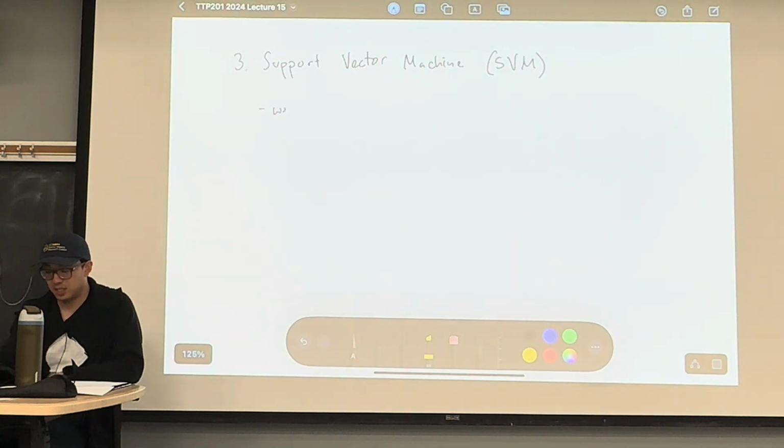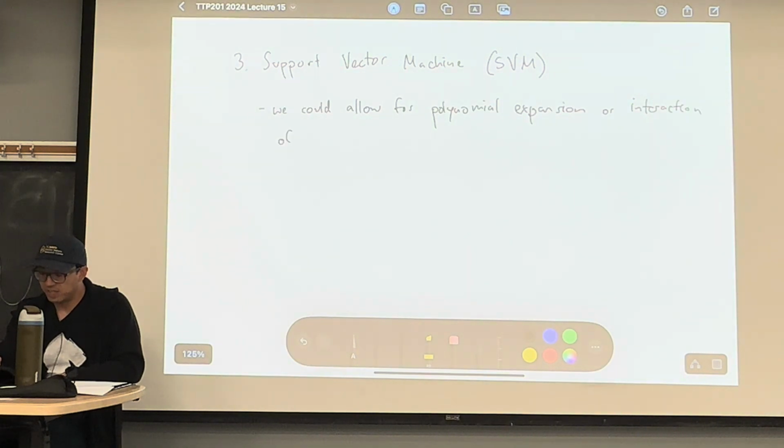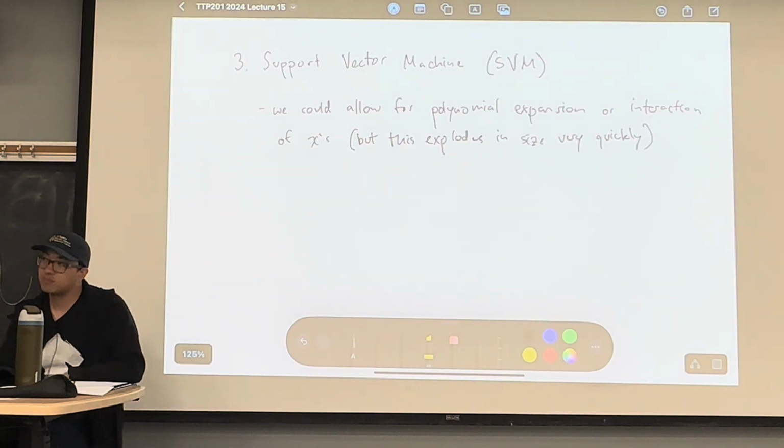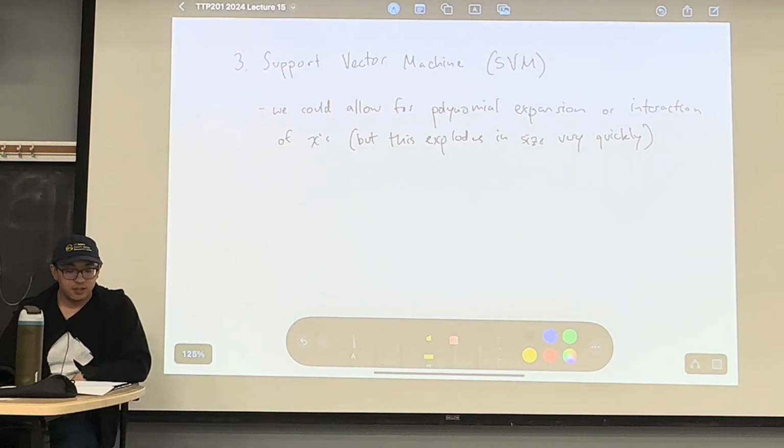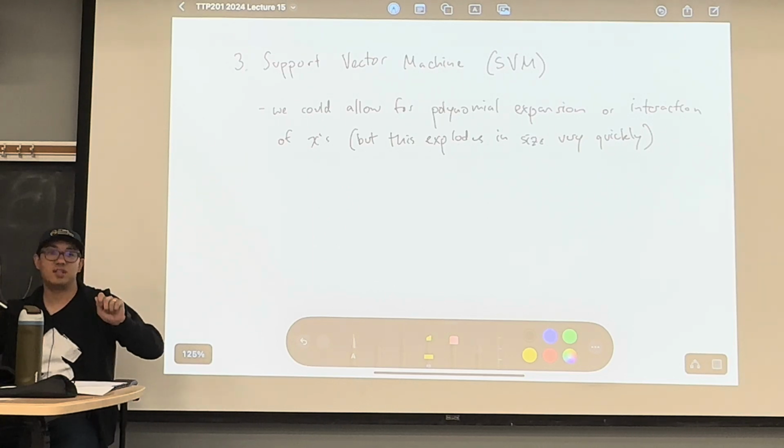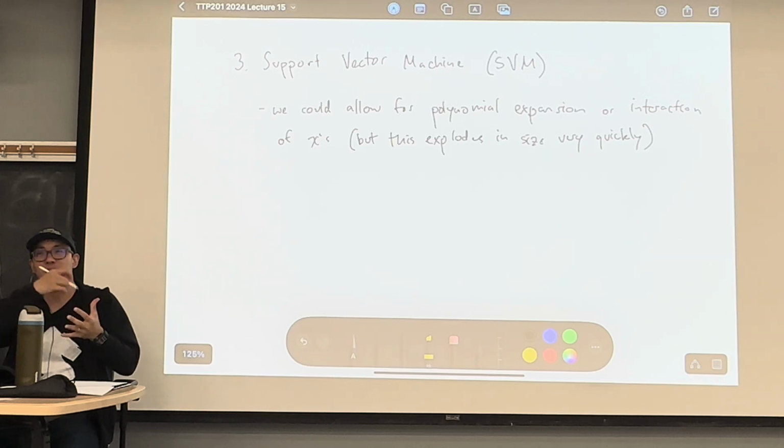So we could allow for polynomial expansion, or interaction of x's. But this explodes in size very quickly.